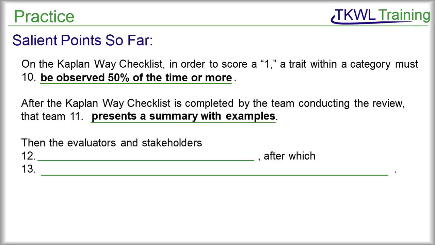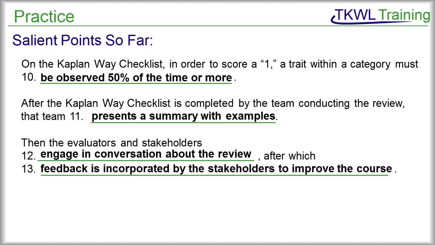Immediately after this, the reviewers and the stakeholders engage in conversation about the review. Hopefully, right away, that high-level learning science-based feedback is incorporated by the stakeholders or content developers or product teams in order to improve the learning events in their course.